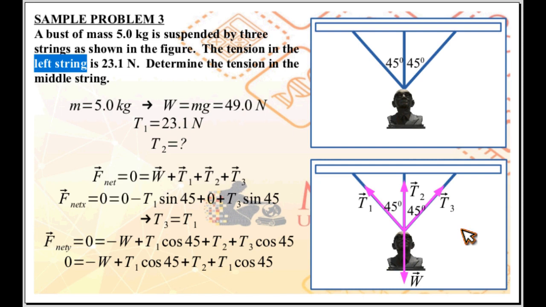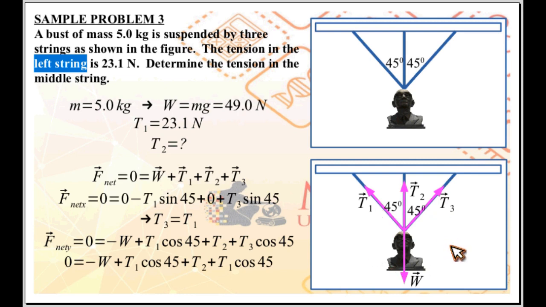In identifying the forces present in the system, we have drawn the free body diagram. Next, analyze the free body diagram using either Fnet equal to 0 or Fnet equal to ma. The bust is simply hanging, suspended by the three strings, so the bust is in static equilibrium.